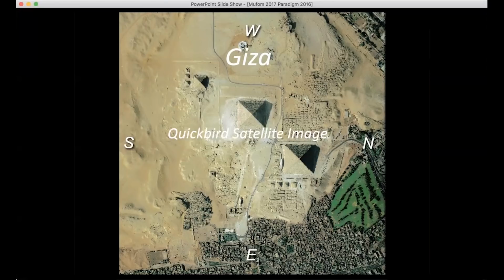So this QuickBird satellite image that I obtained in 2006 was really key to me breaking through with this whole model, because I had this mathematical model, and it was not agreeing exactly with some of the survey data, but only off by small amounts.